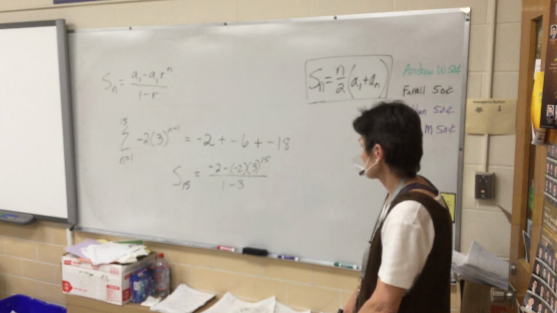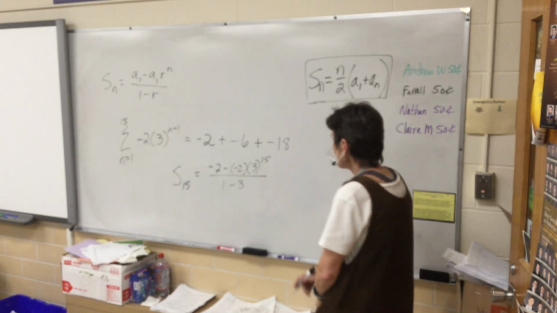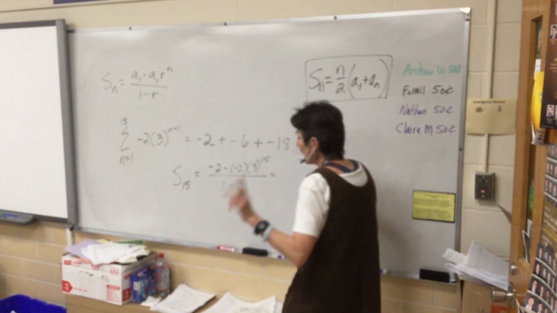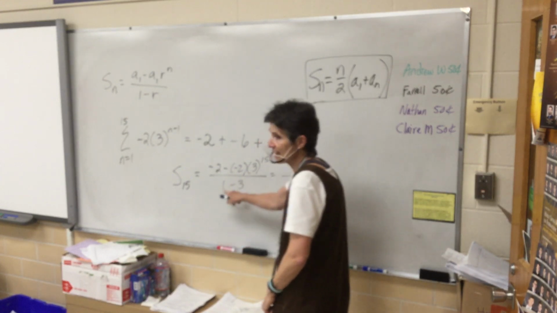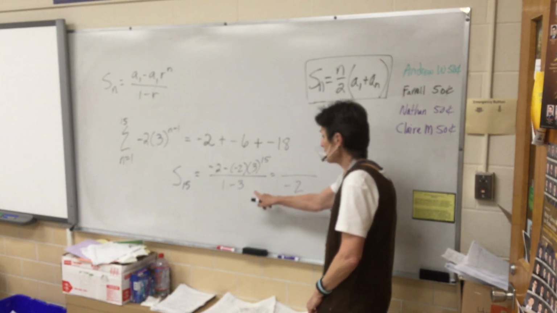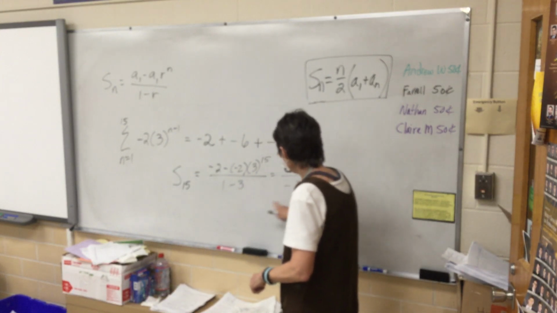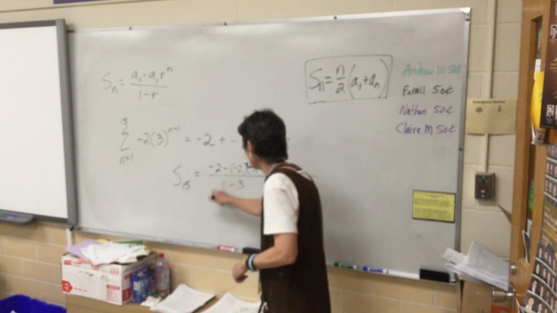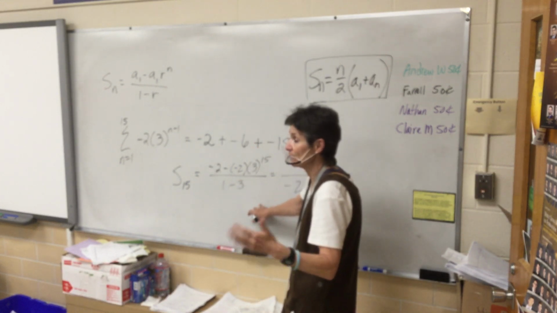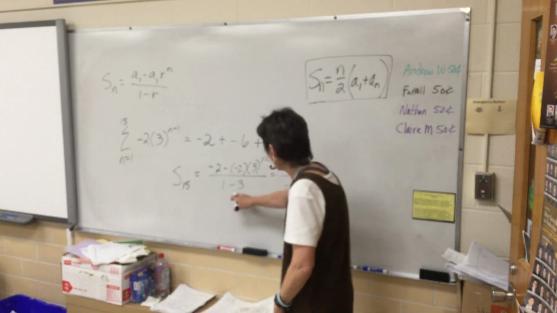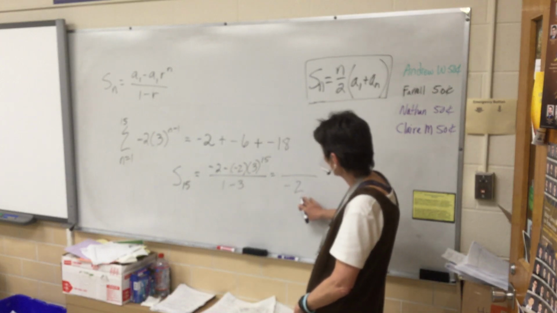Okay? Now, you can do a little bit of cleanup work. I always, before I go to my calculator, figure this out. Because if I don't make it one number, when I put it into my calculator, I'm going to need parentheses. Remember, if you ever have more than one thing down there, you need parentheses. So to avoid that, I'm just going to go ahead and subtract 1 minus 3.